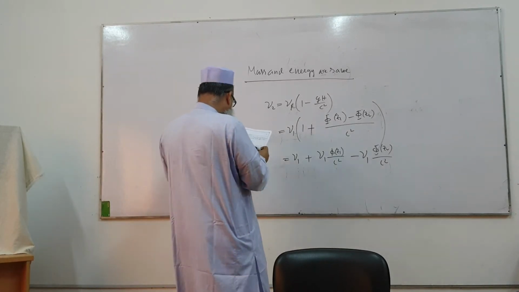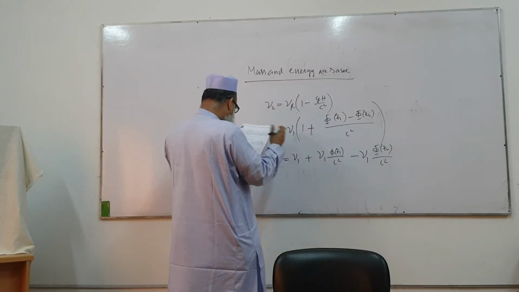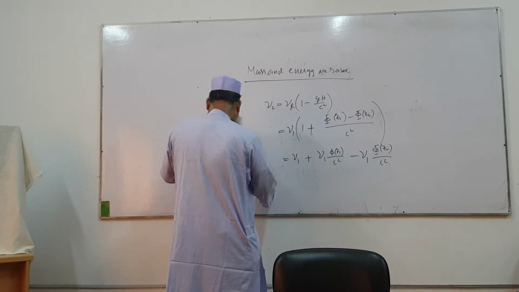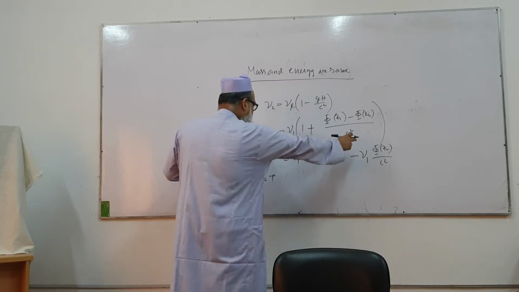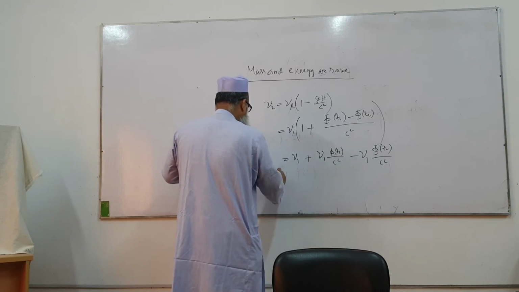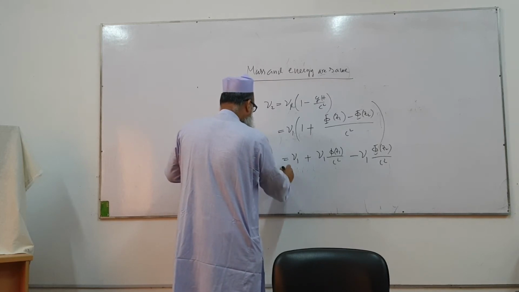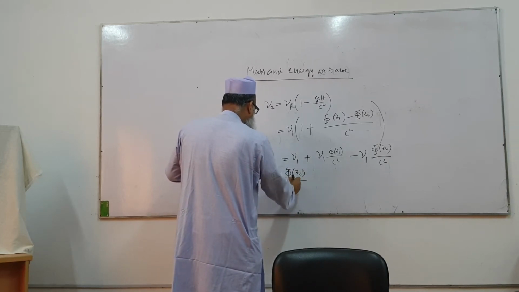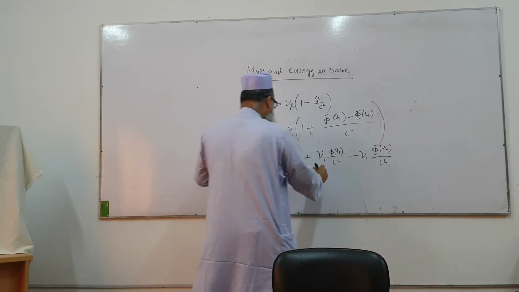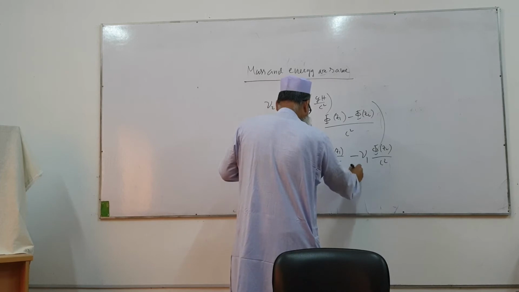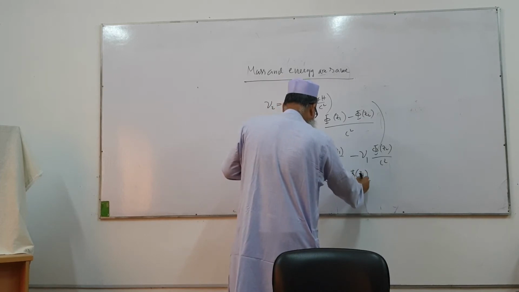So we can write now, interchanging the terms, nu2 plus the term nu1 phi of z2 by c square. On the right hand side, nu1 phi of z1 by c square.